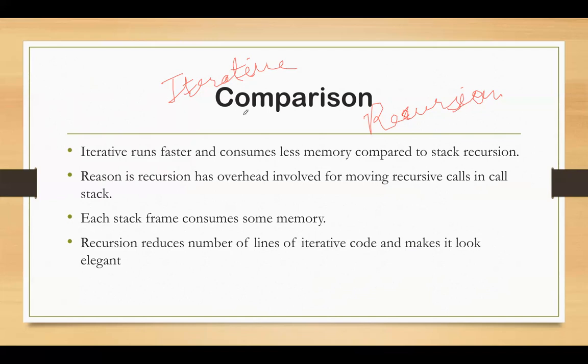When it comes to the performance comparison, the iteration process runs faster and consumes less memory compared to recursion, because recursion has the overhead of moving the recursive calls into the call stack that we had seen earlier, where various recursion functions are added over it.